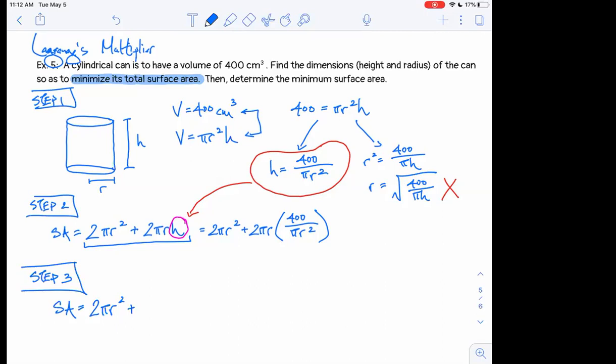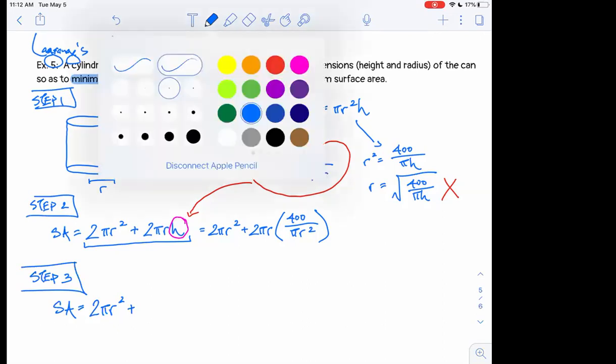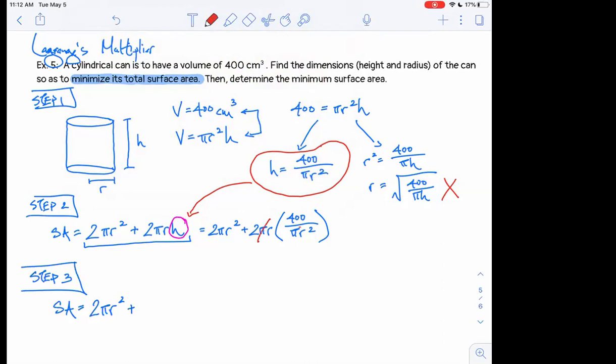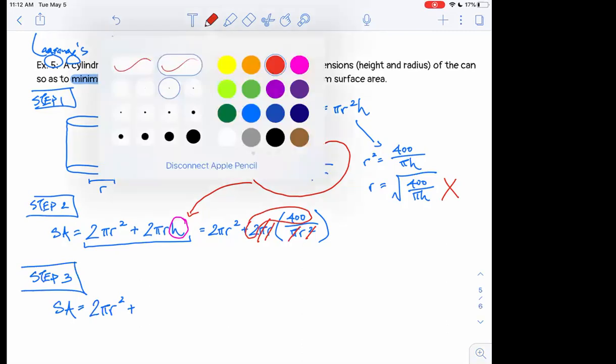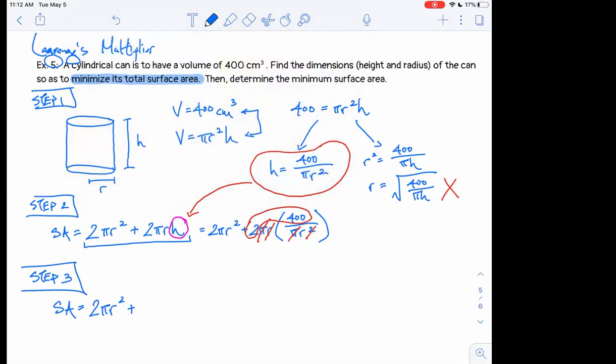Is it just 800 over r? Let's see. So the pi and that pi go away, yeah. And then this r and one of the r's goes away. And then we can take that, and sure looks like you are correct, 800 over r. Good job.